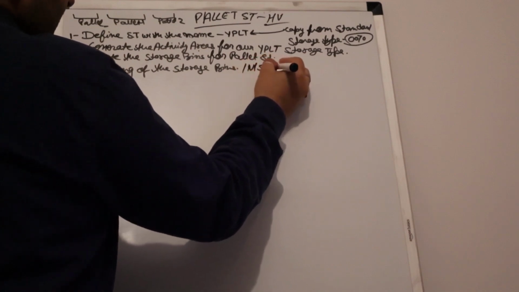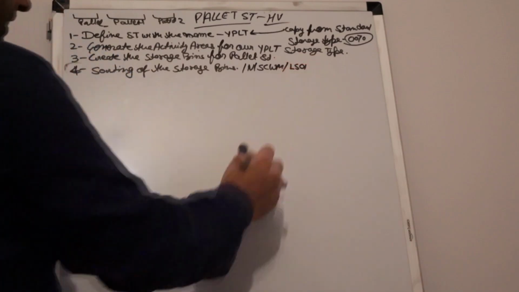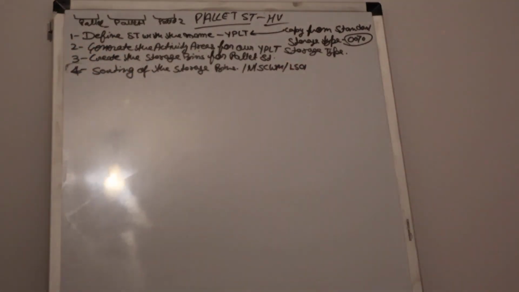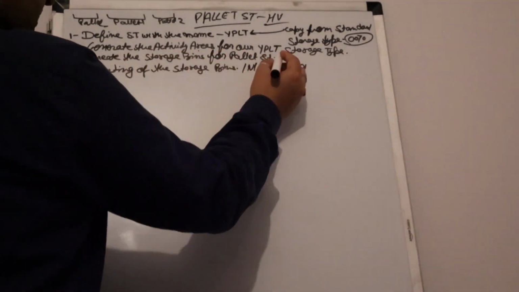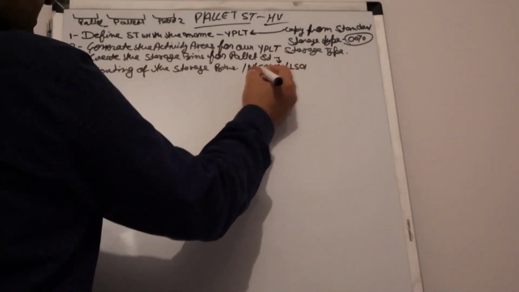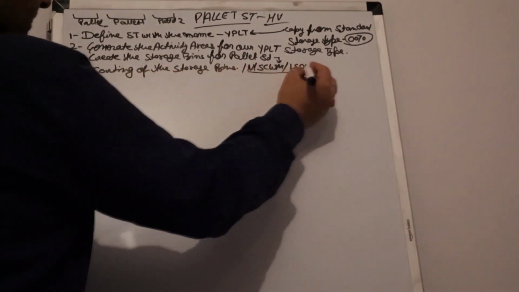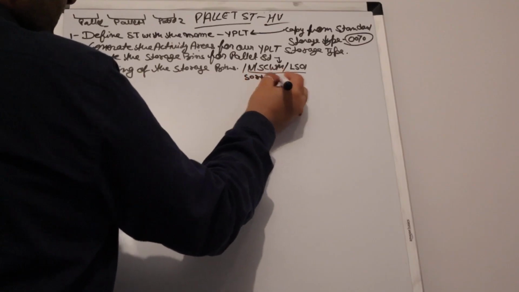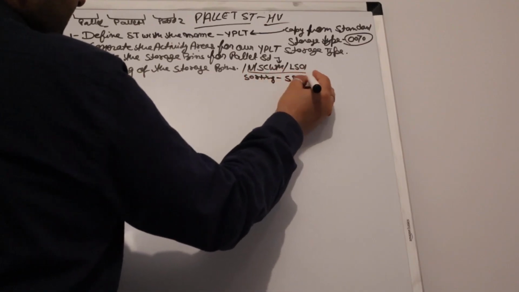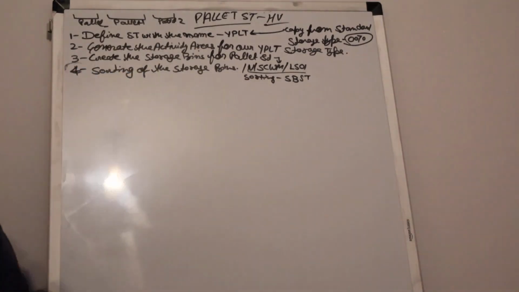In /n/SCWM, transaction code LS01, we create the storage bin, and we do the sorting through a T code. For sorting I will put SBST. This is the T code for sorting.